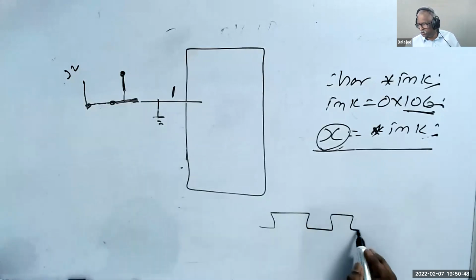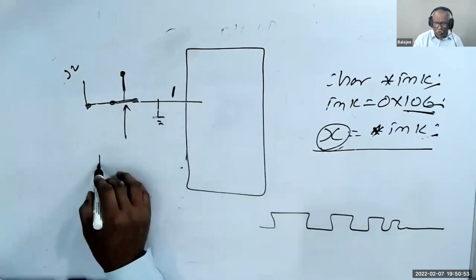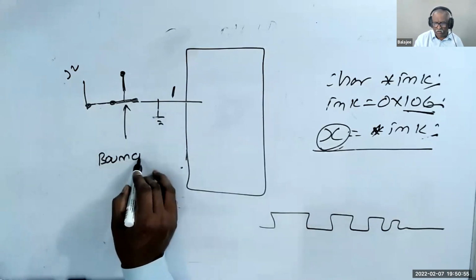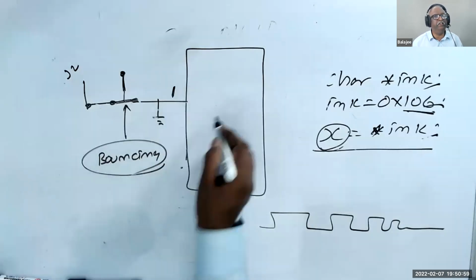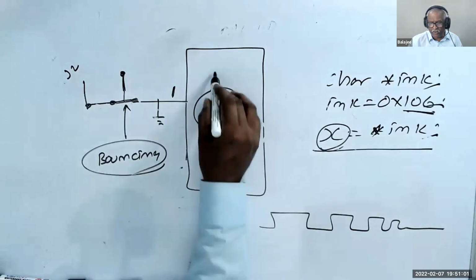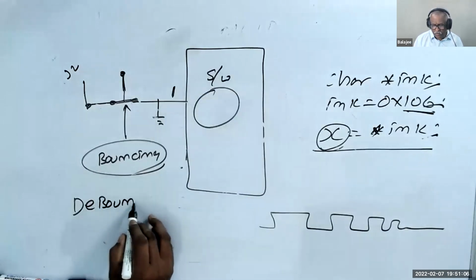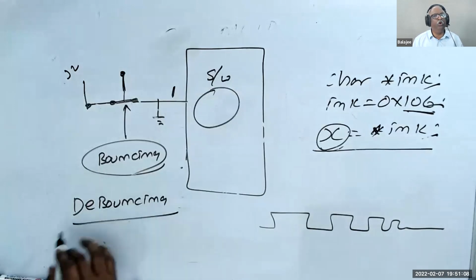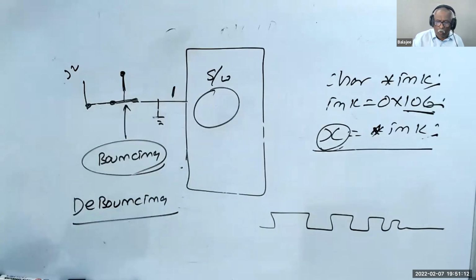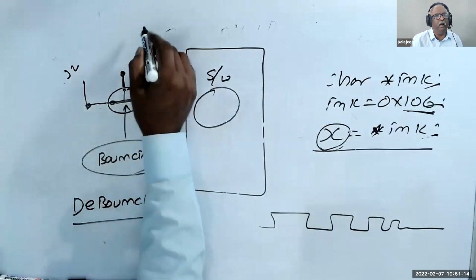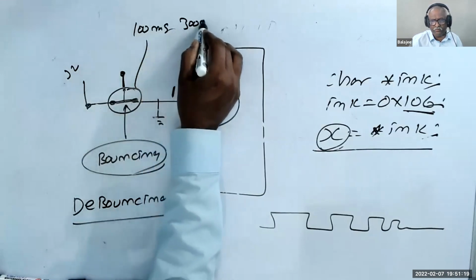Then finally, this is called bouncing. If you want to nullify that, you should take care of it in software, called debouncing. How do you do that? The switch manufacturer will tell you how much the time is, maybe 100 milliseconds or 300 milliseconds.